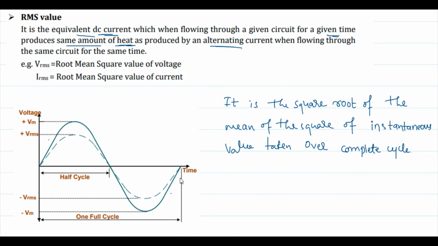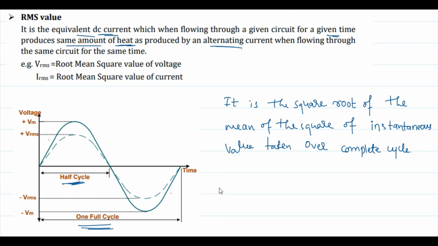So here we need to take the square root of the mean of the squares of the whole instantaneous value over a complete cycle. So mean value we defined only for a half cycle. Here we are going to define one full or complete cycle that we need to take, right?